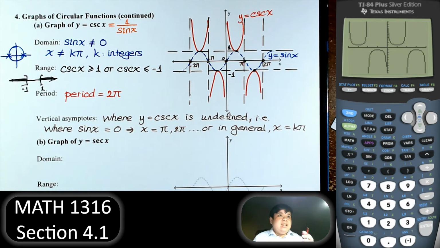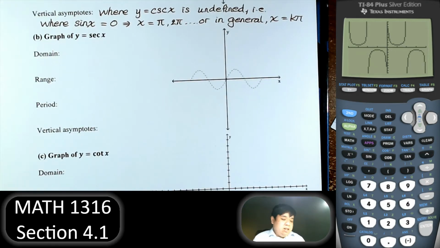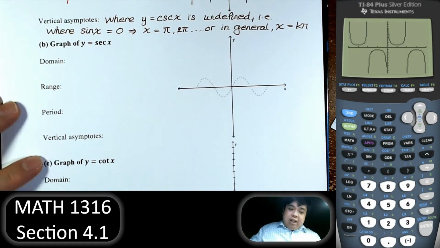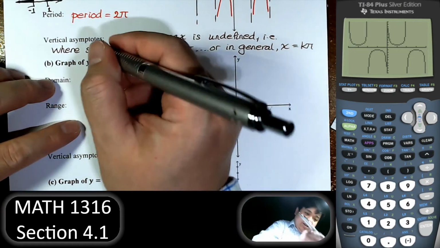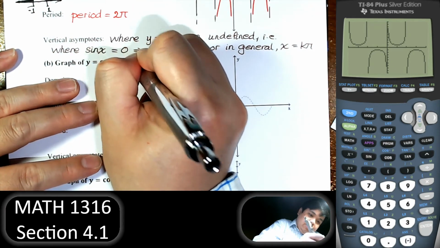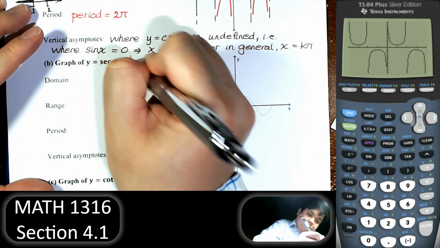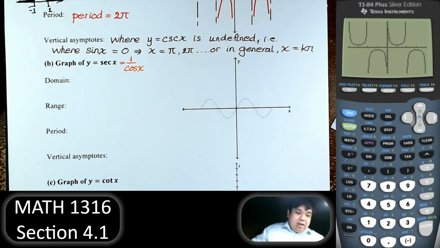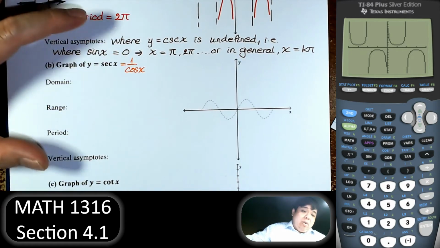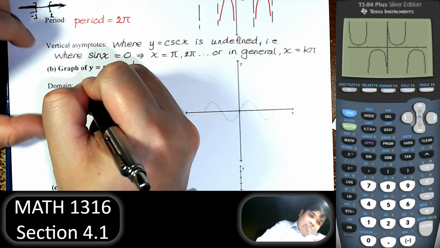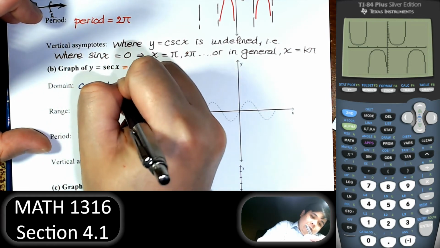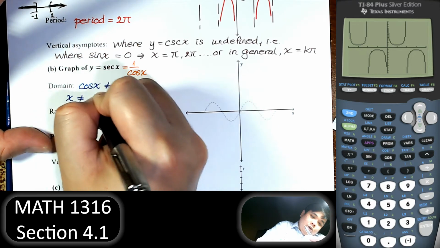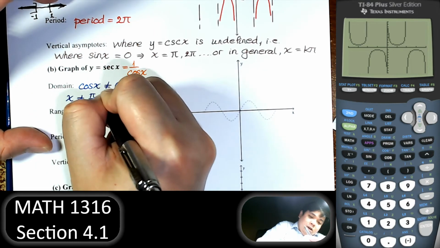Now once we have that, the secant will be very easy, very similar to it. Secant is 1 over cosine, and the domain is where the denominator is not equal to 0. Meaning that x is not equal to pi over 2 plus k pi.